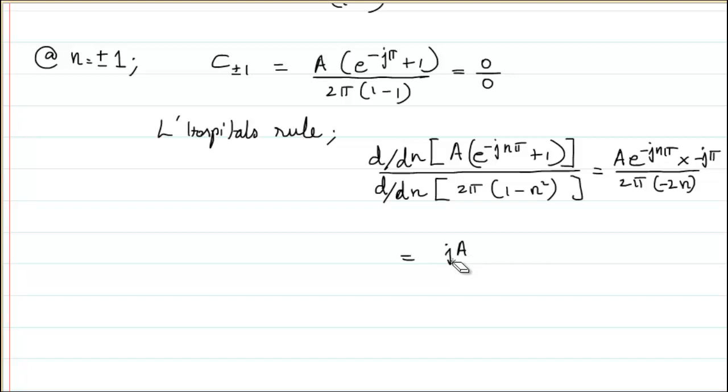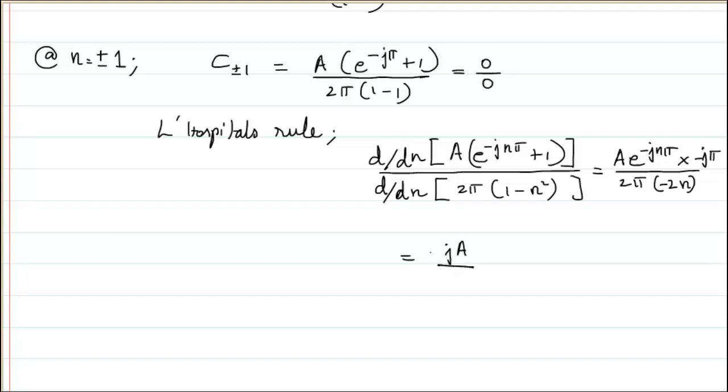So a, j, and then pi got cancelled, and then in the numerator we have minus 4n, where n is equal to 1. Okay, so based on that, I will get minus 4, correct?